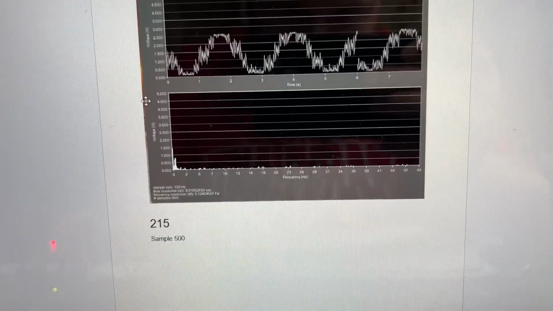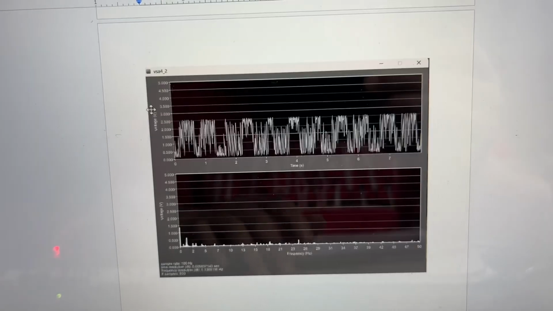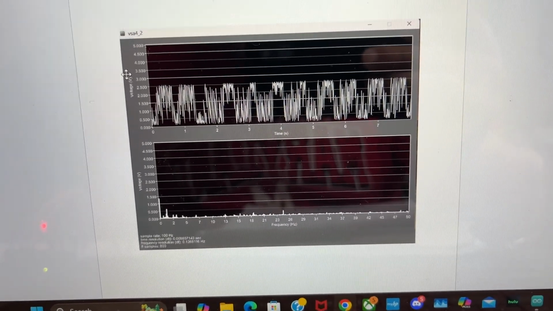For 100 hertz, you're sampling at 500, 200, 142, and 100. 215 hertz, 500 sampling, 200, 142, and 100. And for 300 hertz, here's sampling at 500, 200, 142, and 100.